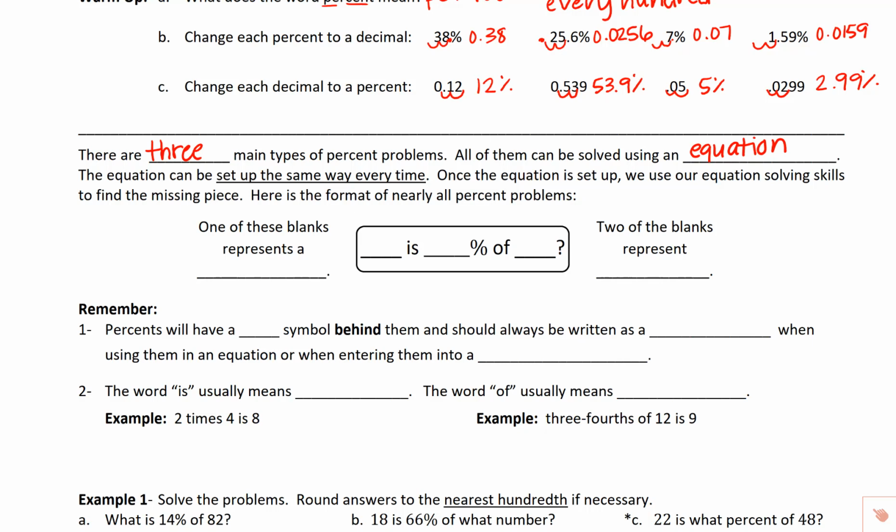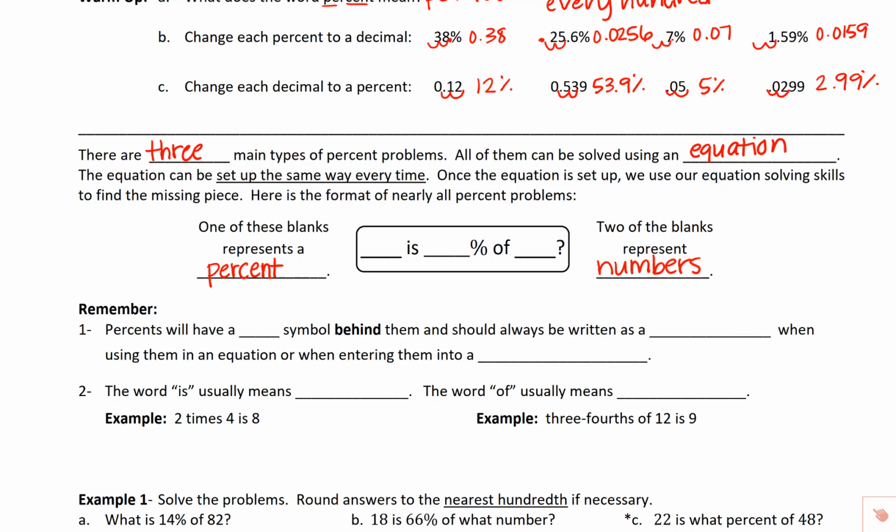Once the equation is set up, we can use our equation solving skills to find the missing piece. Here's the format of nearly all percent problems. So, we have 3 different blanks. One of these blanks represents a percent. Maybe you can already guess where that is. And 2 of these blanks represent numbers.